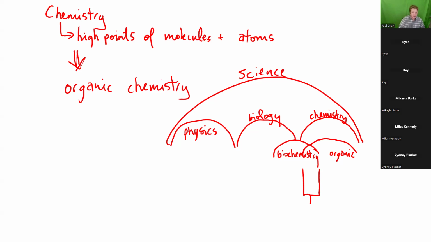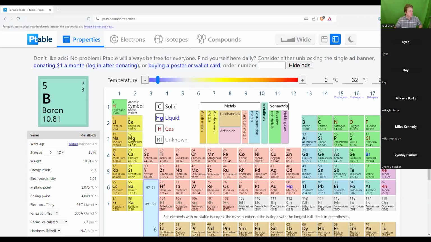So when you think back to, and I'm going to actually do a share of this. When we look at the periodic table, which I'm switching to right now, you see, oh, there are 118 elements.